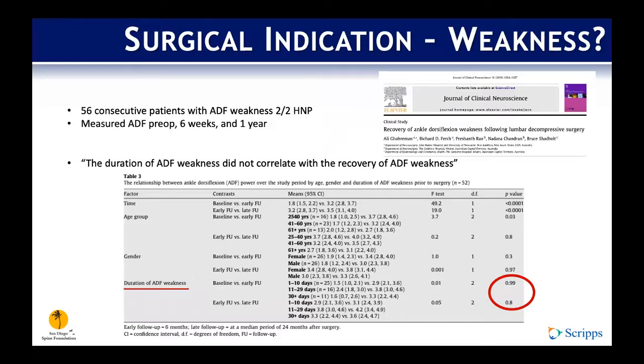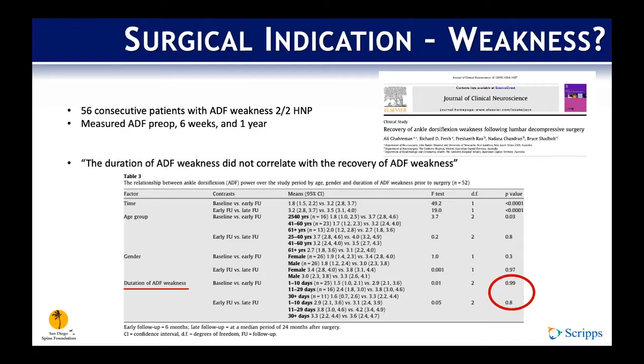Just as a side note for me, in terms of looking at this, the idea of weakness being found on exam, maybe pushing me one way or the other towards considering surgery. I thought this study looking at 56 patients with ankle dorsiflexion weakness and a confirmed diagnosis of lumbar disc herniation was interesting.